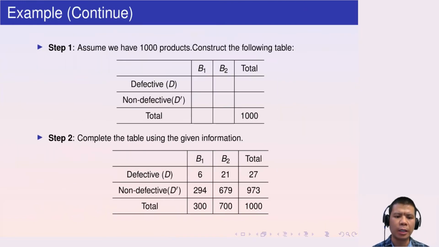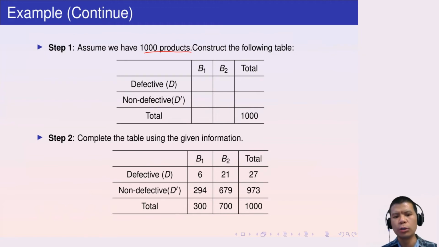Now here is a method for how we can solve this kind of problem. Let's just assume that there are 1,000 products. You can select another number, for instance 10,000 or 5,000, but you want to choose a number that is easy for your calculation.